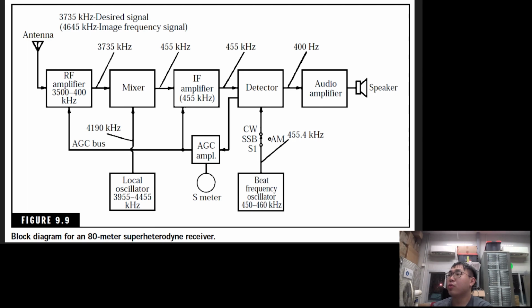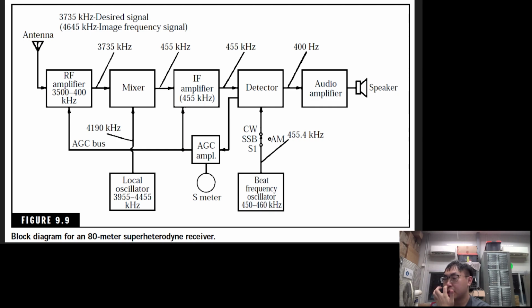We do all the processing and amplification at the intermediate frequency, and then we do the detector. Detector demodulation recovers the signal into audio. The audio may be 400 Hz or a different range.